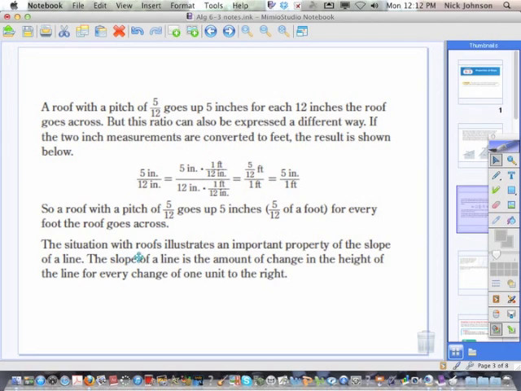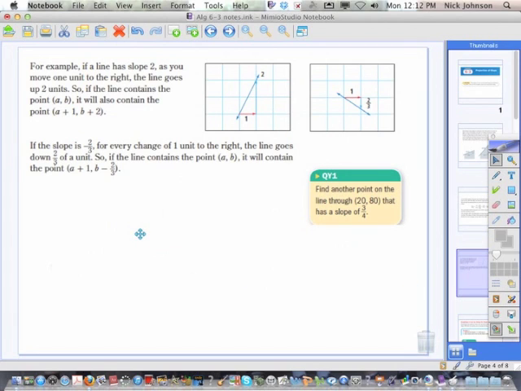The situation with roofs illustrates an important property of the slope of a line. The slope of a line is the amount of change in the height of the line for every change of 1 unit to the right. For example, if a line has a slope of 2, as you move 1 unit to the right, the line goes up 2 units.